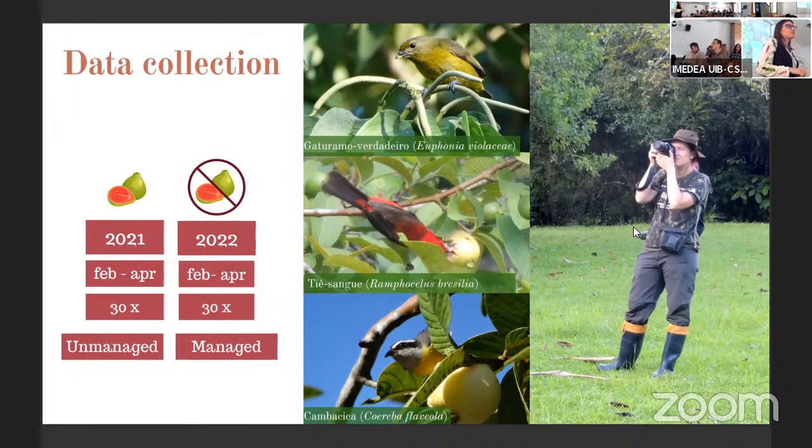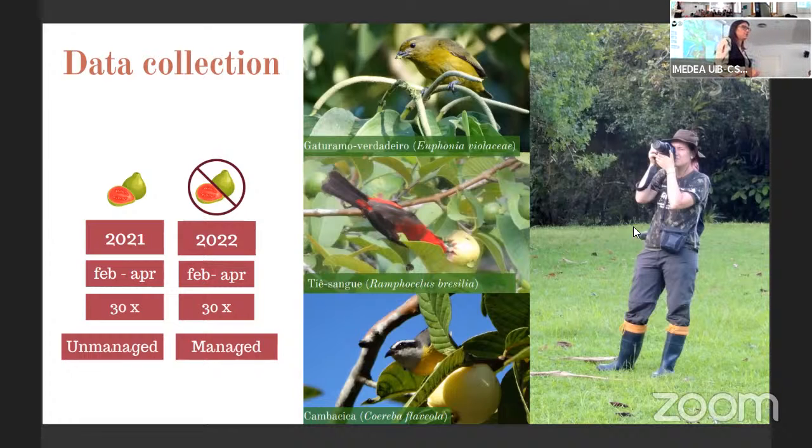I don't really know. For every species, you have one specific way to control, and it's not just one way. We have this adaptive management also.